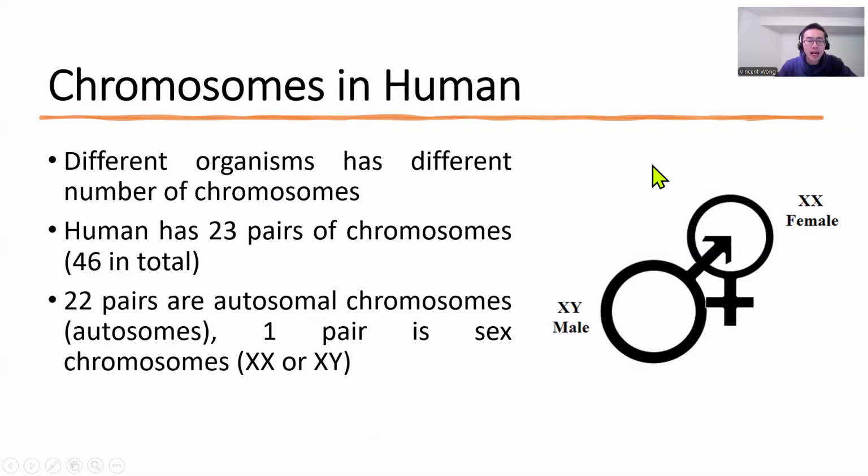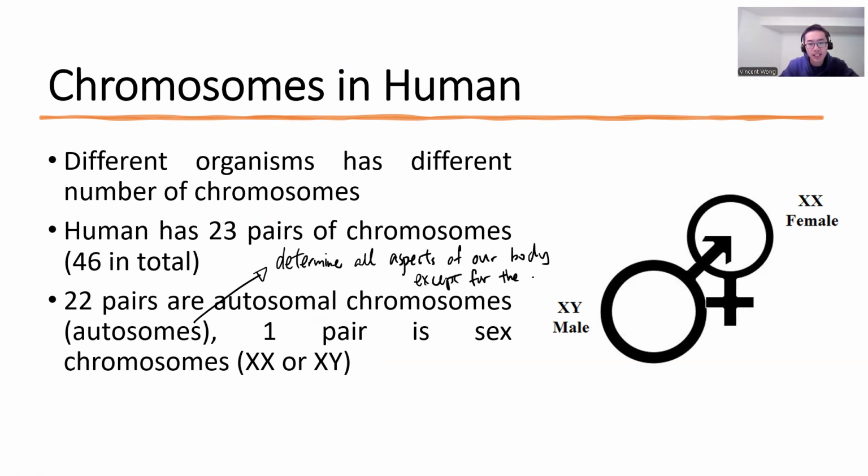Now, in humans, we have a total of 23 pairs of chromosomes, 23 from mom and 23 from dad, which makes up a total of 46 chromosomes. Of the 46 chromosomes, 44 of them, or 22 pairs of them, are called autosomal chromosomes, or autosomes for short. These autosomes basically determine all aspects of our body except for the sex.